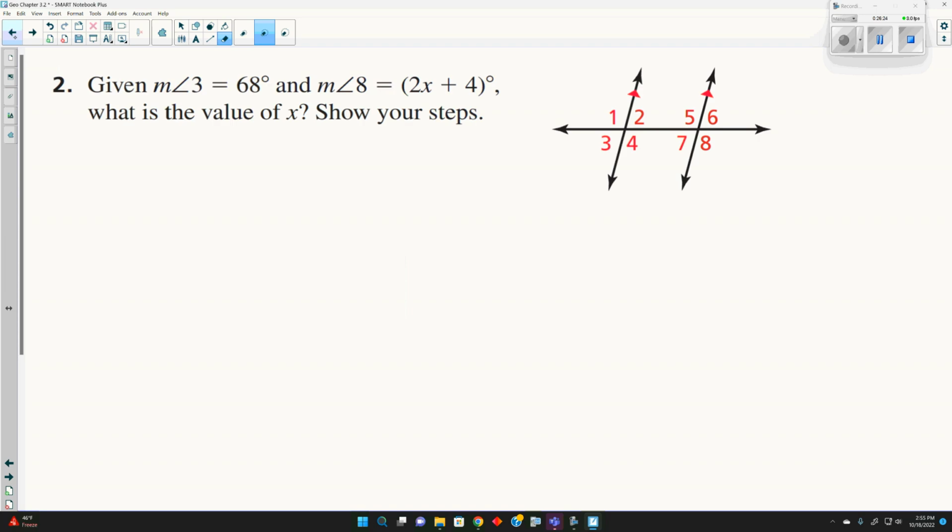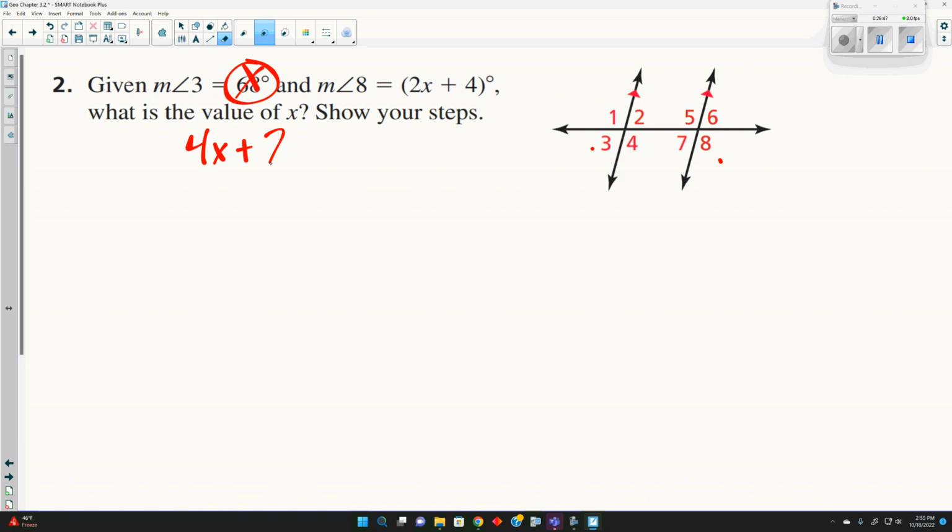Now, we could make these quote unquote harder in that instead of saying here, angle 3 is 68 degrees and going about it this way, does 3 and 8 add together to be 180, yes? So instead of 68, I could say x plus 7.